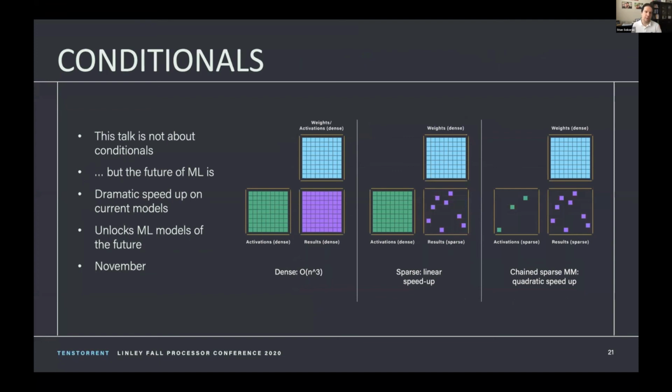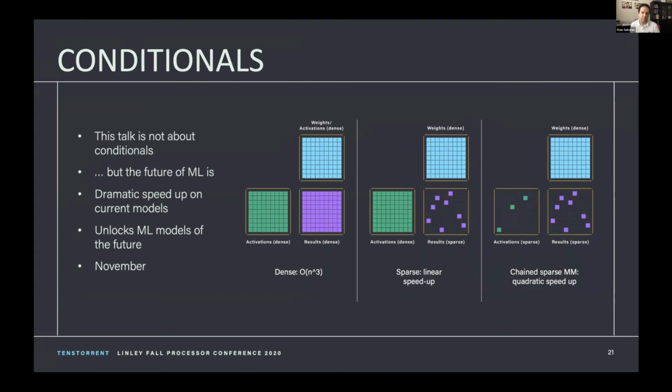Okay, so when I said I'm not going to talk about conditionals, I guess I lied. I felt that one slide is important to mention here because this is such a key part of the future of ML. We see the models growing at an exponential rate as you get new features added. The matrix multiplies themselves are growing at a cubic rate.